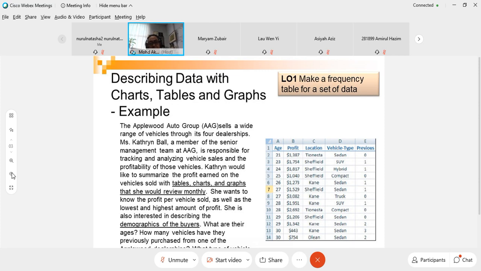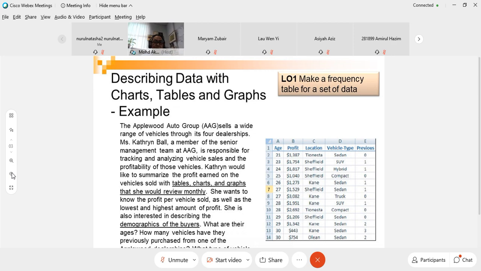So they have data about the age, the profit, location, vehicle type, and whether they previously purchased a car. Okay, they have 5 types of information. Now, how do they convert these 5 types of information to a table, a chart and a graph?